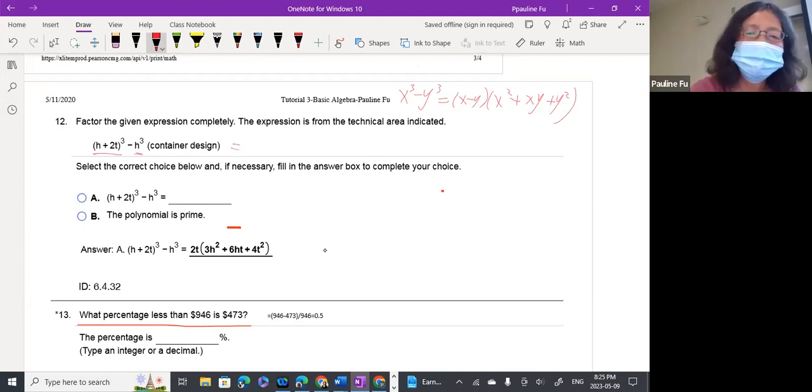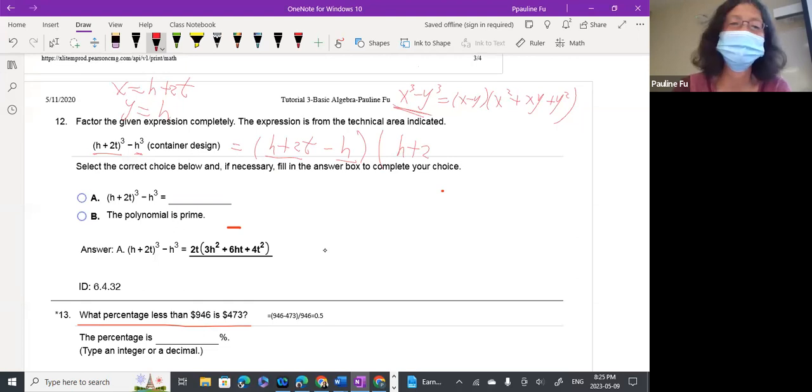So it is equal to x minus y, where x is h plus 2t and y is h. This is x minus y, times x squared. I will write down x is h plus 2t, y is h. Use this formula.